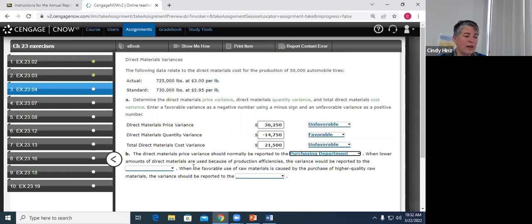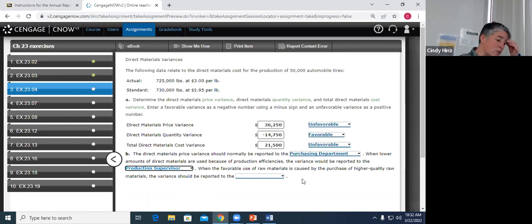When lower amounts of direct materials are used because of production efficiencies, the variance should be reported to the production people. Hey, guess what? It worked. Good job. Whatever you did to use less material, it worked. When the favorable use of raw materials is caused by the purchase of higher quality raw materials, which is what I suggested may have happened, the variance should be reported to purchasing.